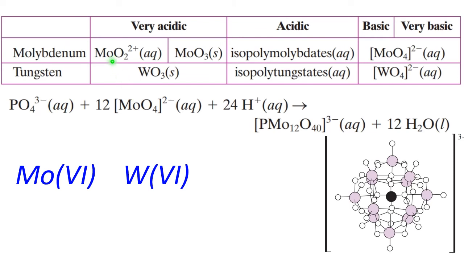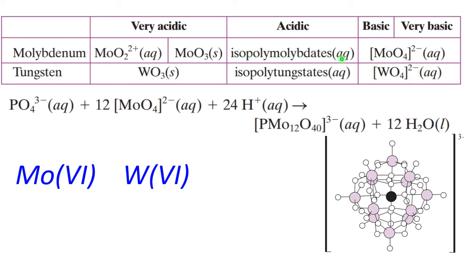Molybdenum and tungsten have some differences in their behavior in aqueous solutions. In very basic, both of them make molybdate and tungstenate ions.